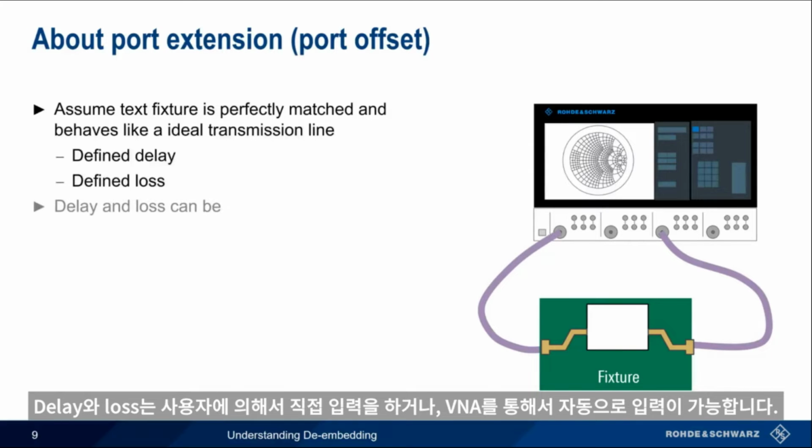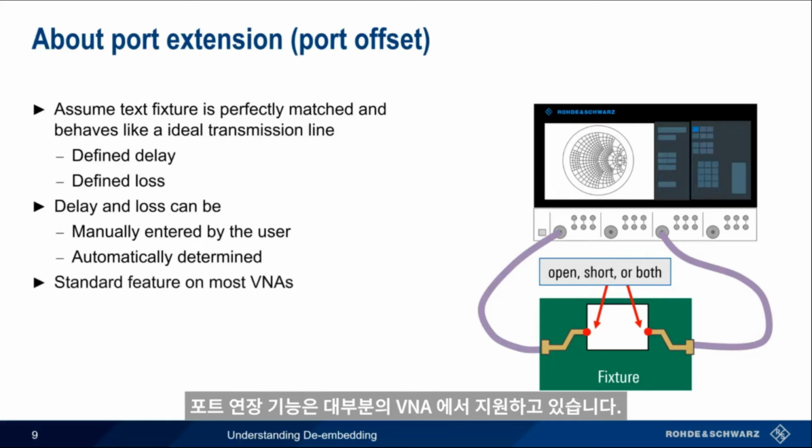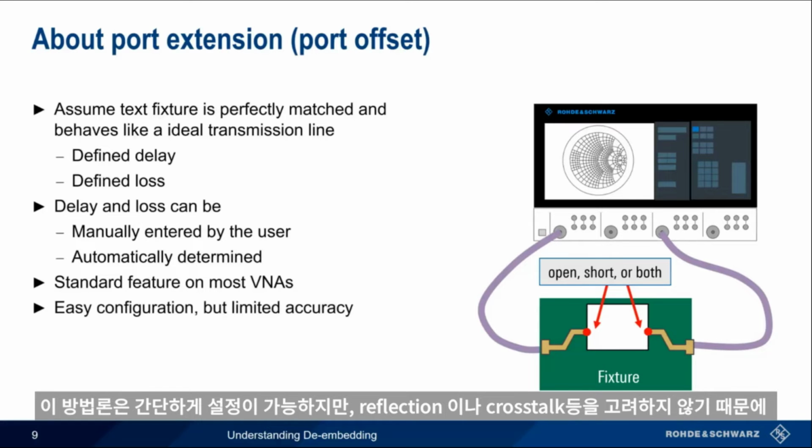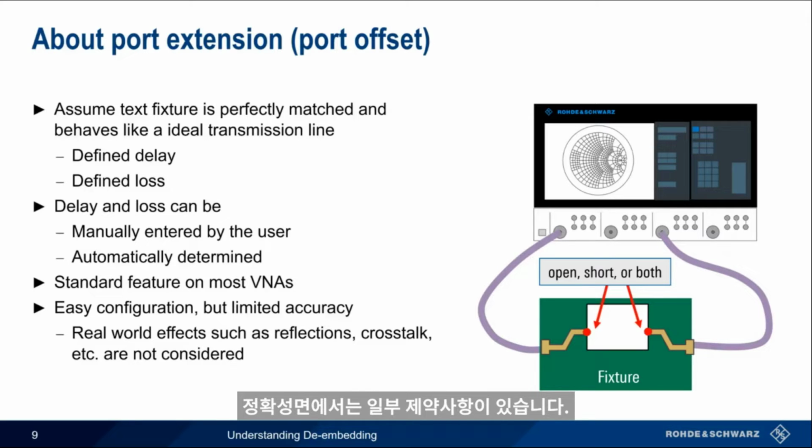The amount of delay and loss introduced by these extensions may be manually entered by the user, or they may be automatically measured and determined by the VNA. This is done by placing an open, short, or both at the DUT connection points. Port extension is a standard feature on most VNAs. It's relatively easy to configure, but accuracy is somewhat limited due to the fact that real-world effects, like reflections, crosstalk, etc., are not considered in this methodology.